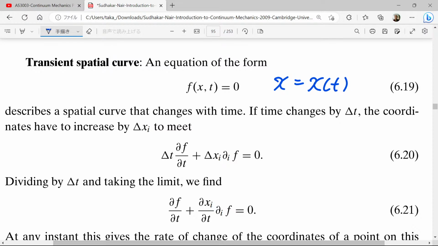So you take a total derivative, I would say. This is a total derivative, because this is constant.